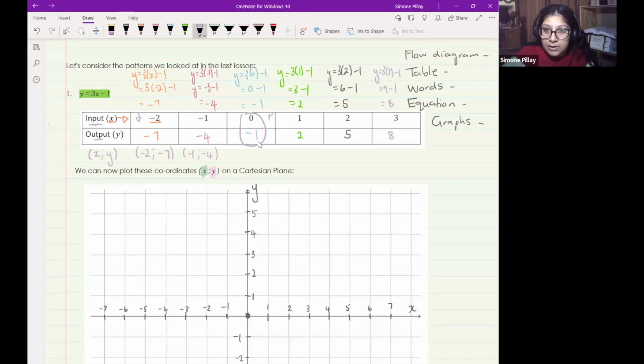So 0 is my input, 0 is my X value, -1 is my output, that's my Y value. I know all of my coordinate points can be written in the format X and Y. So because I have an X value here and a Y value here, all I really have to do is go 0, -1, and that's a coordinate point.